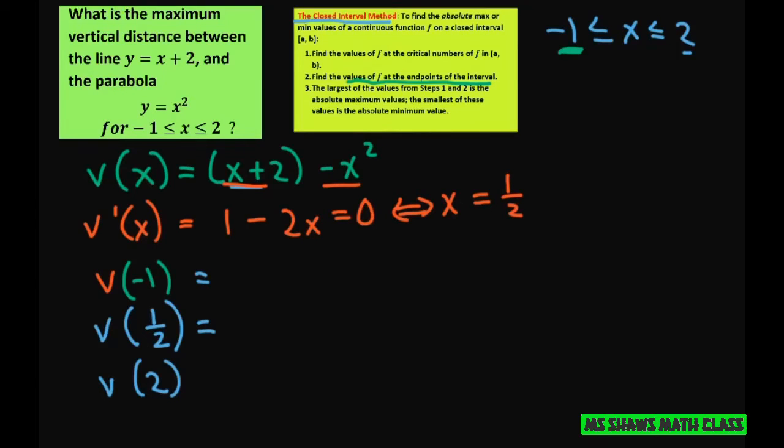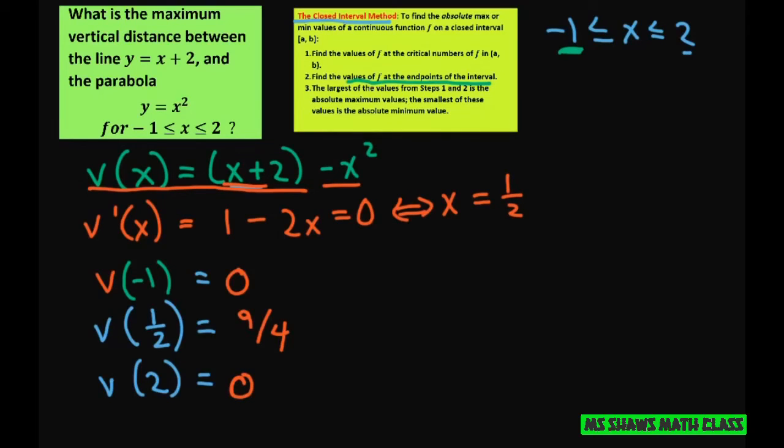And whatever is the bigger number is going to be your maximum. So if you plug in -1, you're going to get 0. If you plug in 1/2, you're going to get 9/4. If you plug in 2, you get 0.